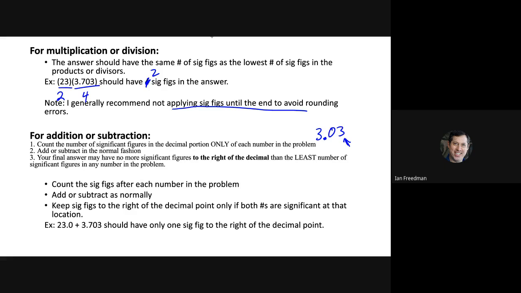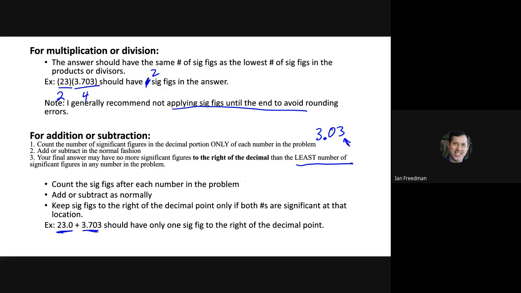And you just add or subtract as normal, but then when you're done, you look at the least number of sig figs in terms of the position, like the tenths versus hundredths. So count the sig figs after each number in the problem, add or subtract normally, and only keep them if they're significant in both. So 23.0 is significant to the tenths. 3.703 is significant to the thousandths.